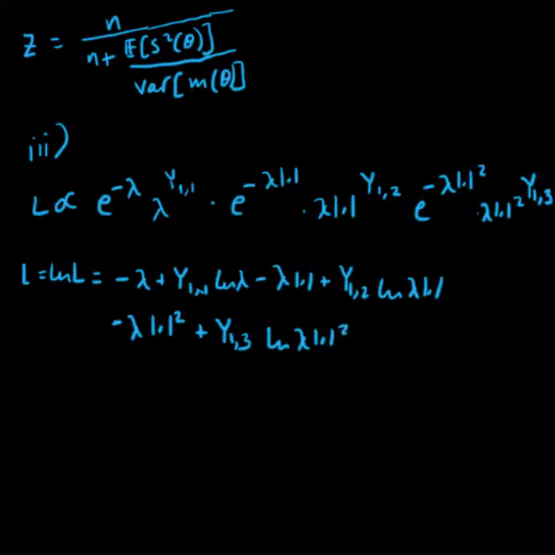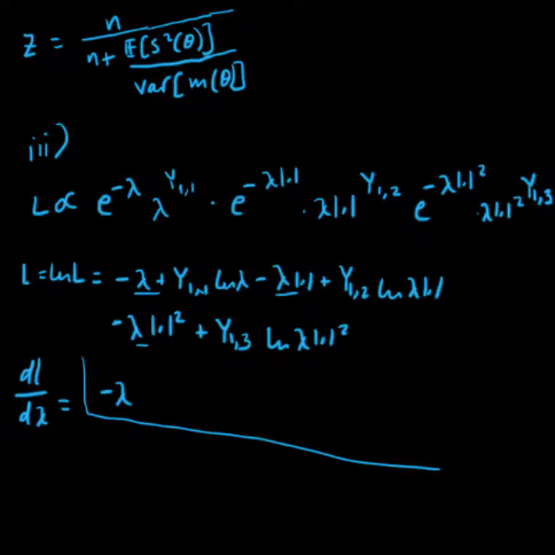And then we have to basically take the derivative. We're going to be taking d of the log likelihood over d lambda. But we can actually simplify this first. Here there's a lambda by itself, lambda 1.1 and lambda 1.1 squared, so we can take out negative lambda, and then we've got our 1 plus 1.1 plus 1.1 squared. And we can also fix up these ones.